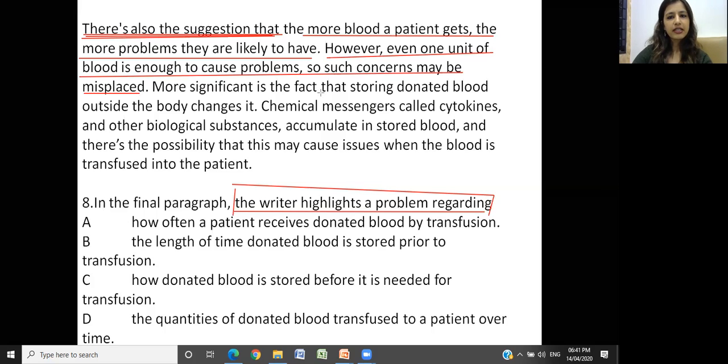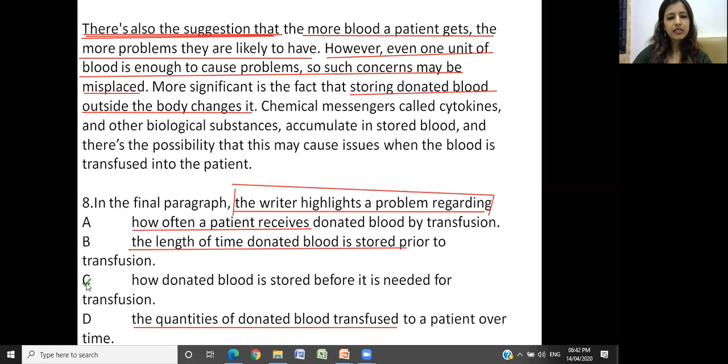And then the writer is saying that storing donated blood outside the body changes it. So it is not about how often a patient receives a blood transfusion. It is not about how much they receive, because the writer says 1 unit is enough. And it is not about how long it is stored, because they have said the more significant thing is that storing donated blood outside the body changes it, not for how long. So C is the correct answer here.